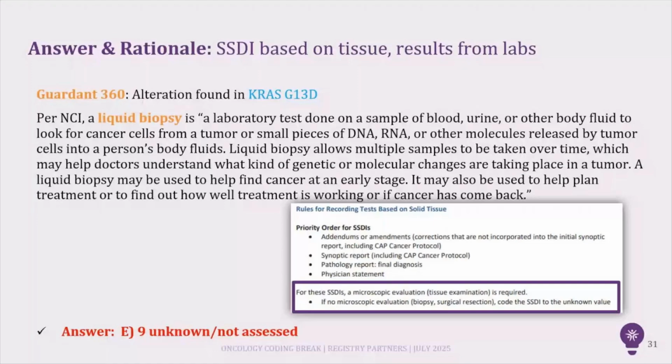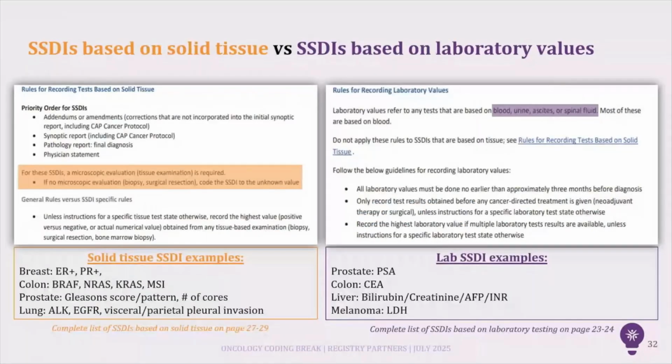If you'll notice in the manual, there are two sections. There are rules for recording tests based on solid tissue, and then there are rules for recording lab values. So it's very important that you understand the rules for both of those and know which value you're looking for. For example, some that require tissue are your breast ER/PR, your colon BRAF, NRAS, KRAS, your prostate, and your lung.